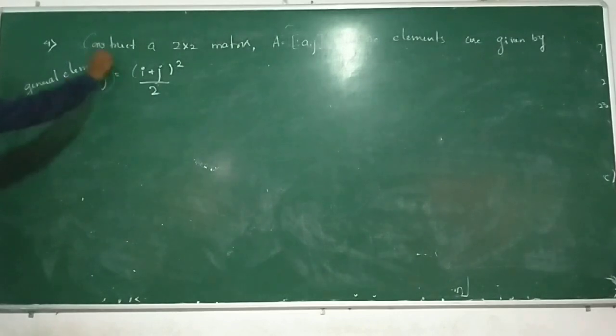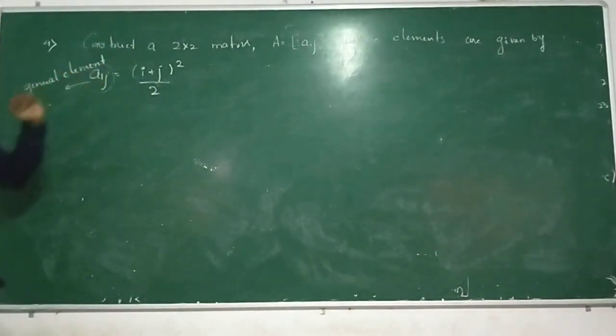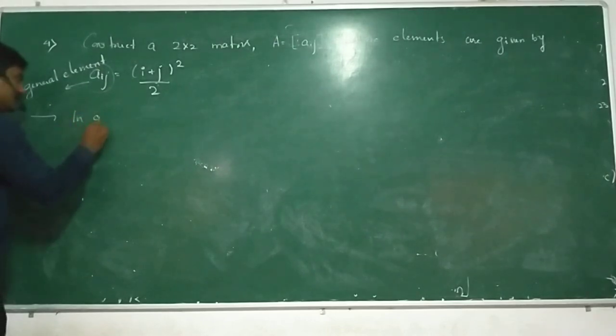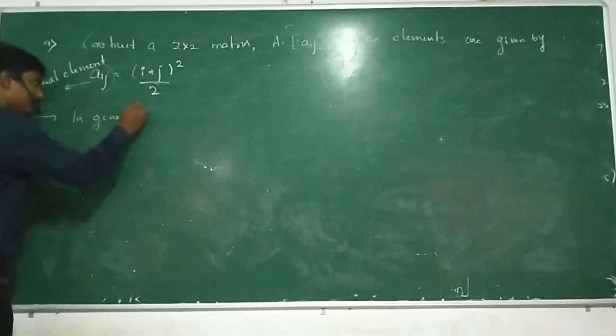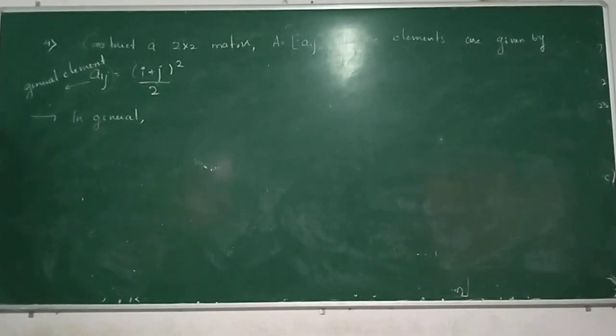So we are given the general element and we are asked to construct a 2 by 2 matrix using this general element. So first, since we are given the general element, we will write down a general matrix of order 2 by 2.